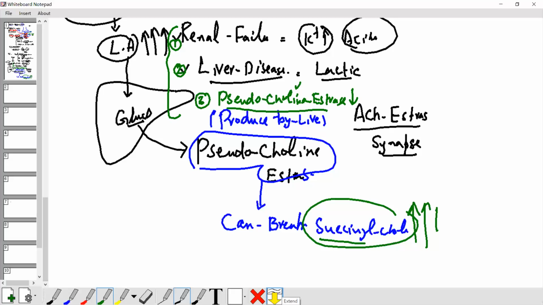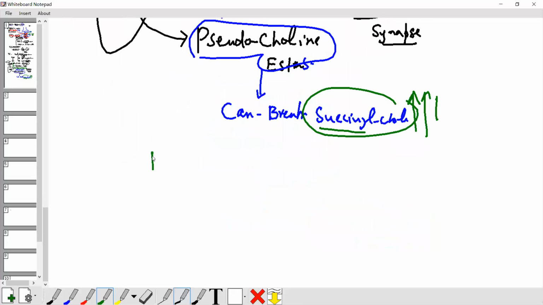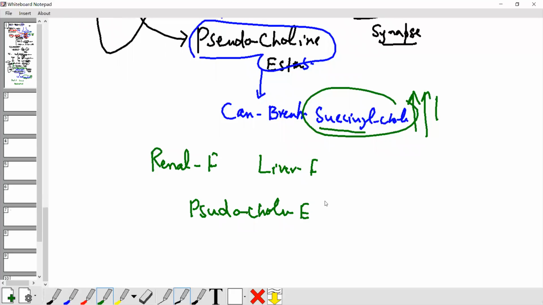So these three contraindications: patient with renal failure, patient with liver disease or liver failure, and patient with pseudocholine esterase deficiency. In these three situations, do not use succinylcholine for putting in an endotracheal tube.